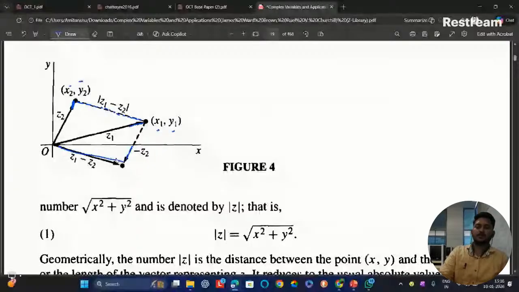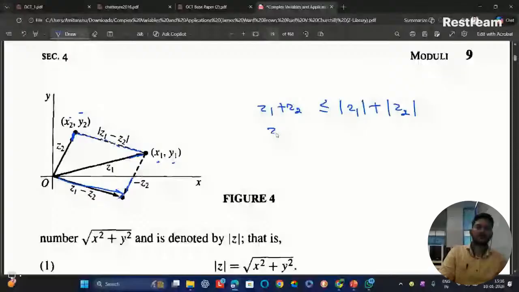So better we know about Z1 plus Z2, which is less than or equal to Z1 plus Z2, and another inequality, Z1 minus Z2, which is greater than or equal to Z1 minus Z2.